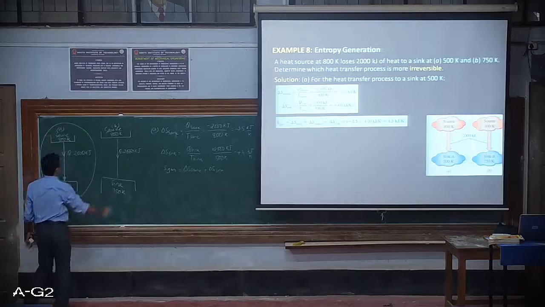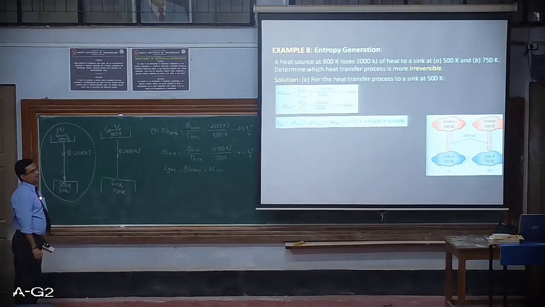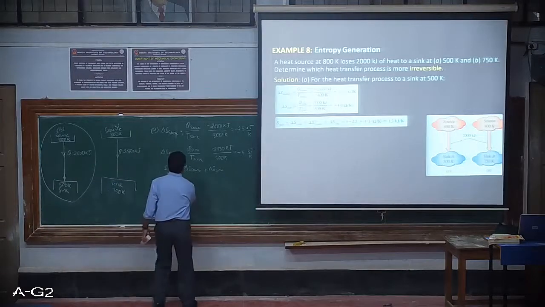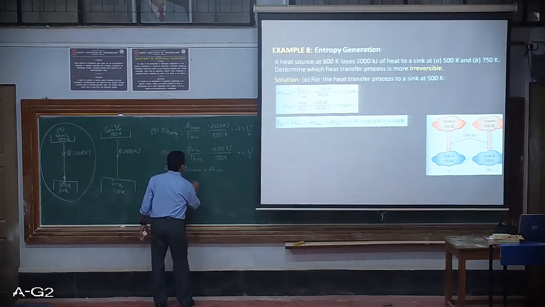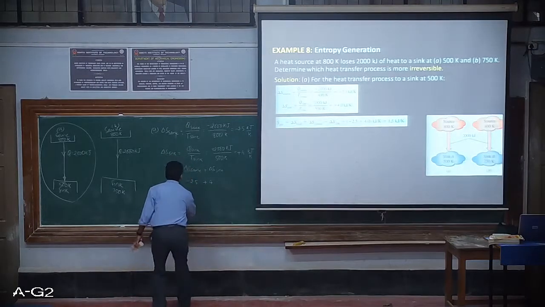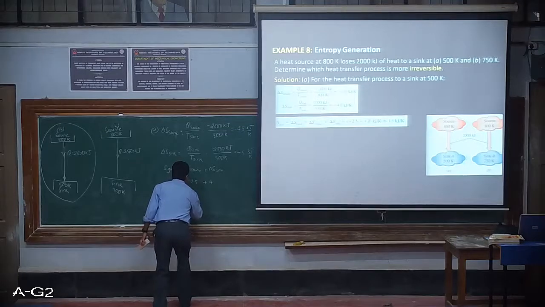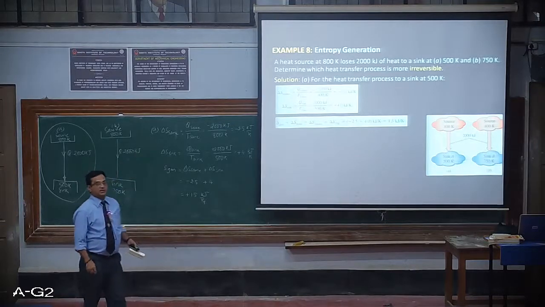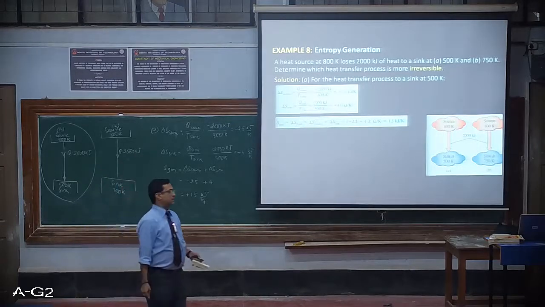So this is the system under consideration. So if I substitute, it is minus 2.5 plus 4. So the final answer is plus 1.5 kilojoule per Kelvin. So this is the amount of entropy generation if we consider case A.